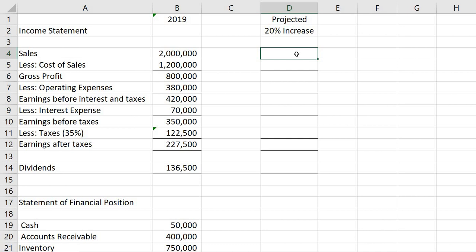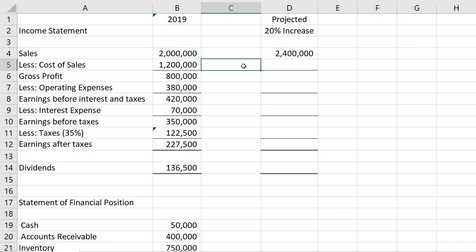In this problem, the sales will increase by 20% in the succeeding year. So, that means your 2 million will become 120%, or it increases by 20%. So, our projection is 2,400,000 next year.